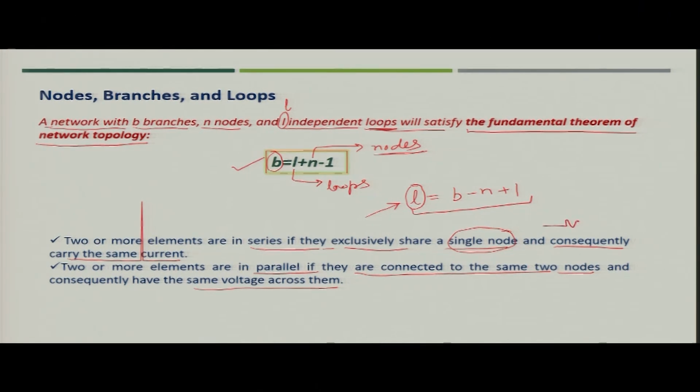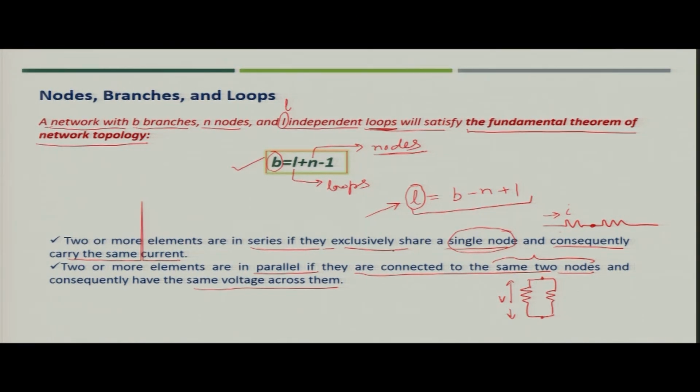So, it means that if the elements are connected in series, they will be connected through one single node, and in that case you have the same current flowing in both of the elements. Now, if those are connected in parallel, then these elements are connected through the same two nodes, and in that case the voltage across both of the resistors will be the same.